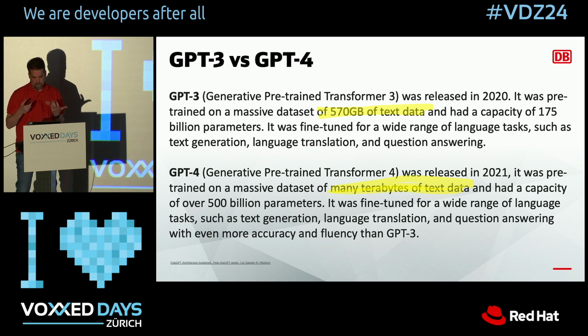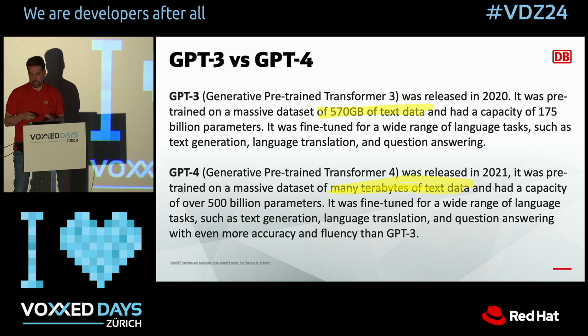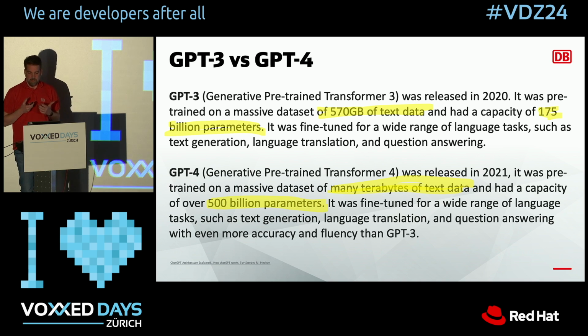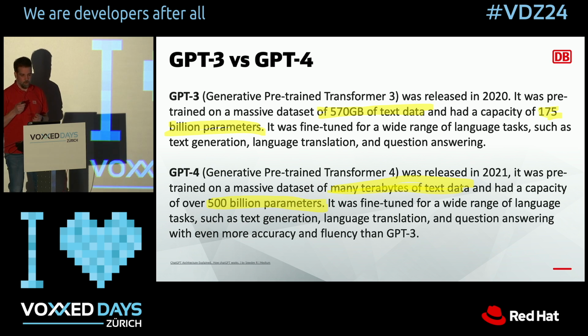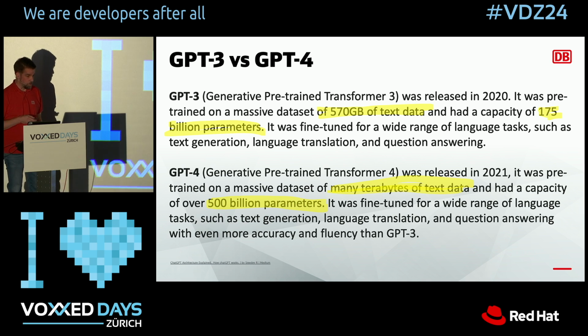But some data leaked and some people estimate about it, so these are the results. And the parameters, so the weights of the neural network, for GPT-3, it is 175 billion parameters, and for GPT-4, it is said to be 500 billion parameters.